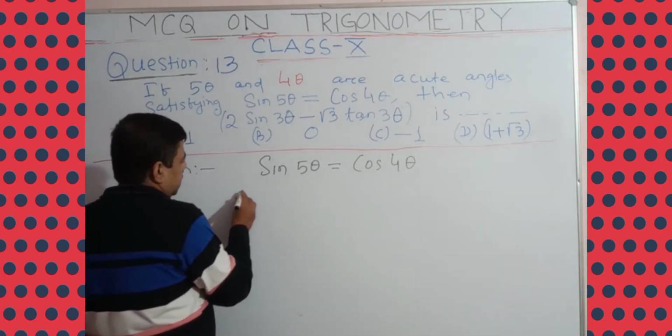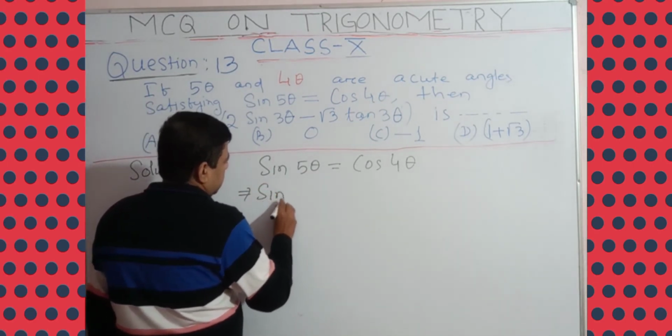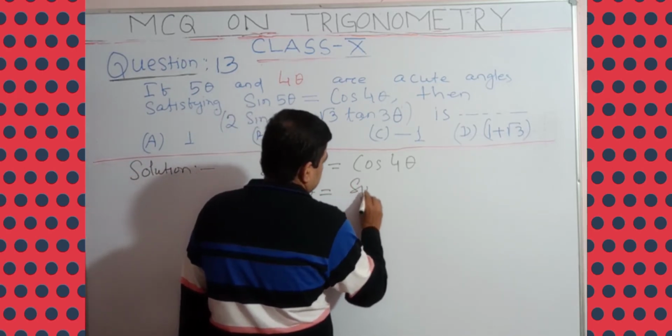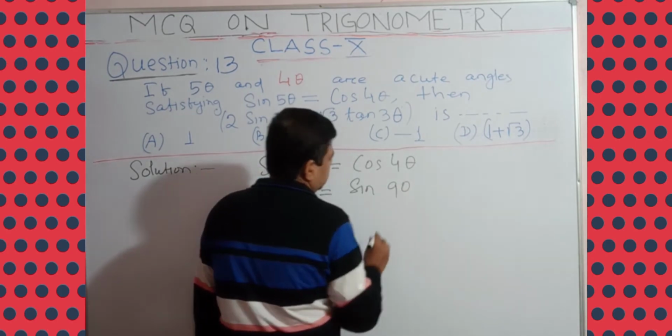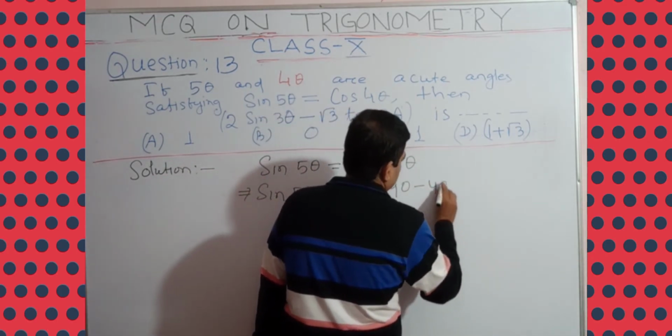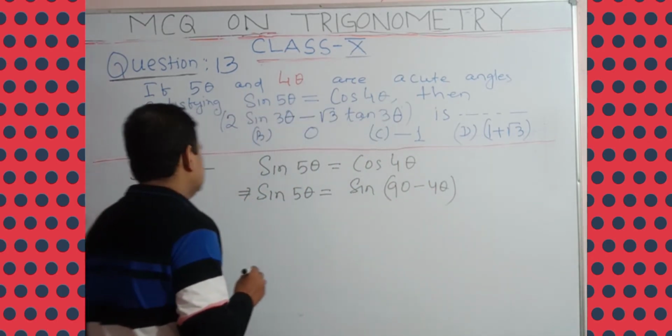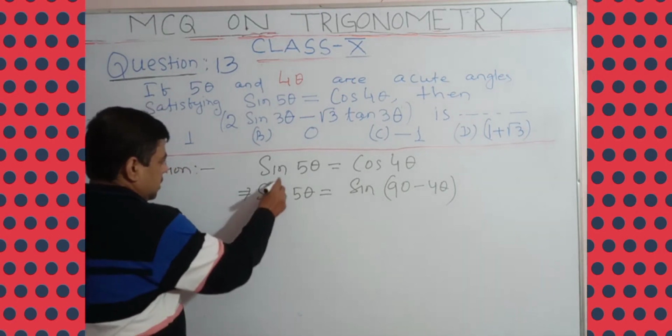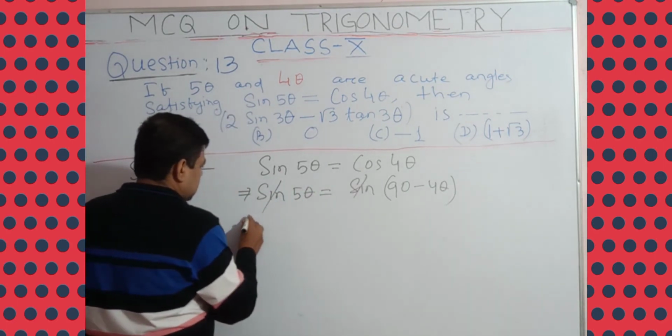So we can write sin 5 theta as sin of 90 minus 4 theta. Understand? So here sin and sin will cancel on both sides.